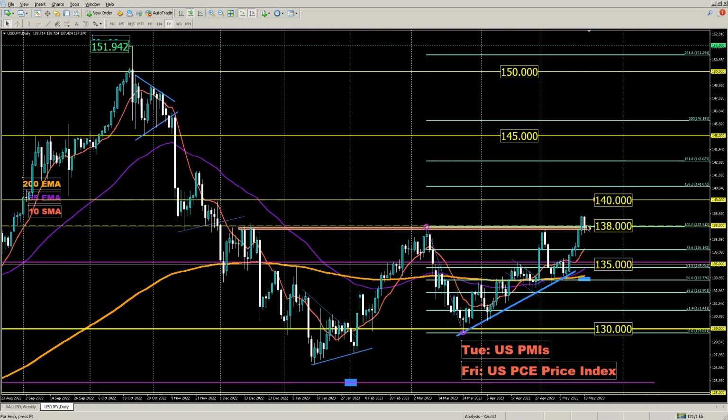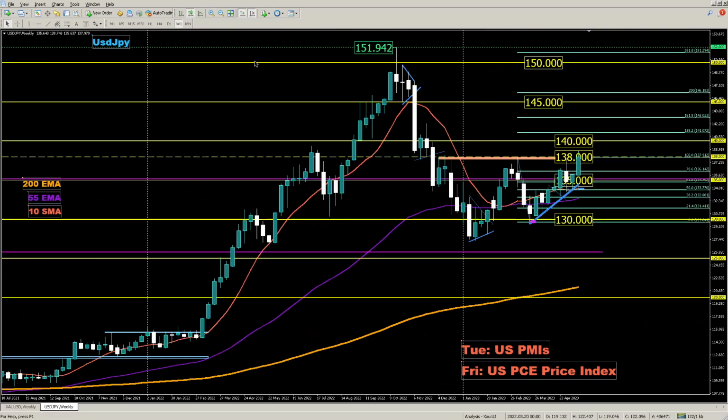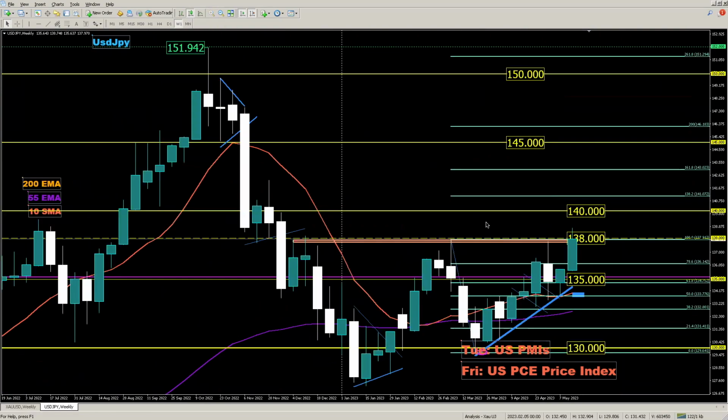So if this is going to continue, it needs to consolidate and then climb up higher and either try to break through 140 and target the 138 fib extension. On a weekly time frame, it's a very bullish close here, and there's definitely enough momentum to try to drive it to the 140.